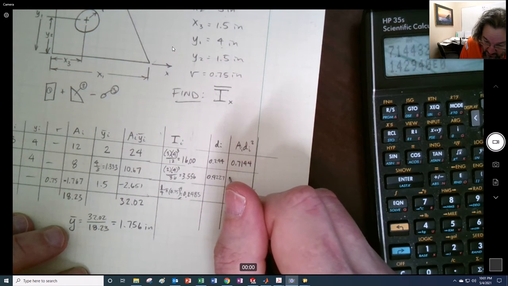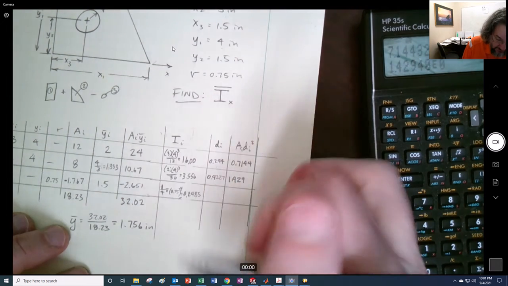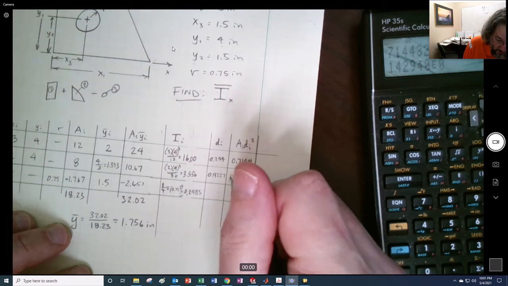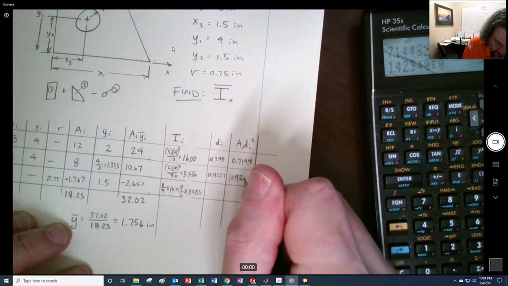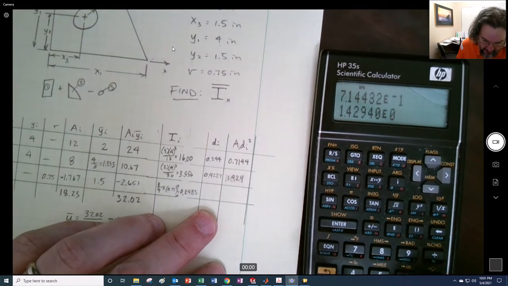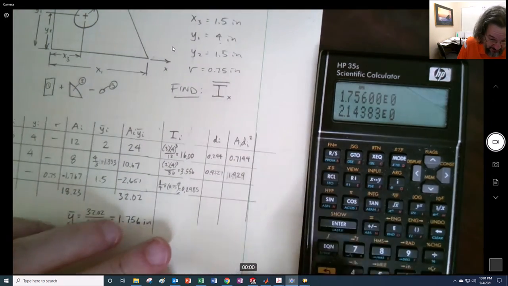And that comes out to 1.429. And then these are in my calculation, I'm going to add them together, and we add them to my running total.